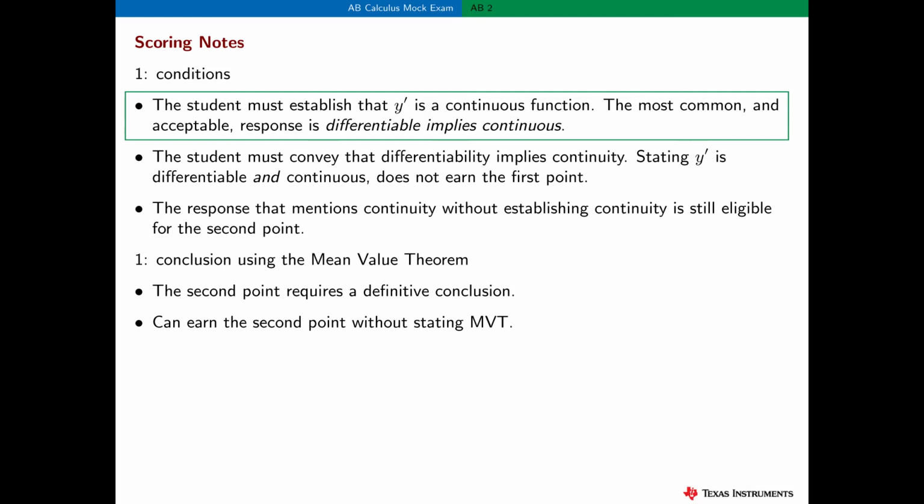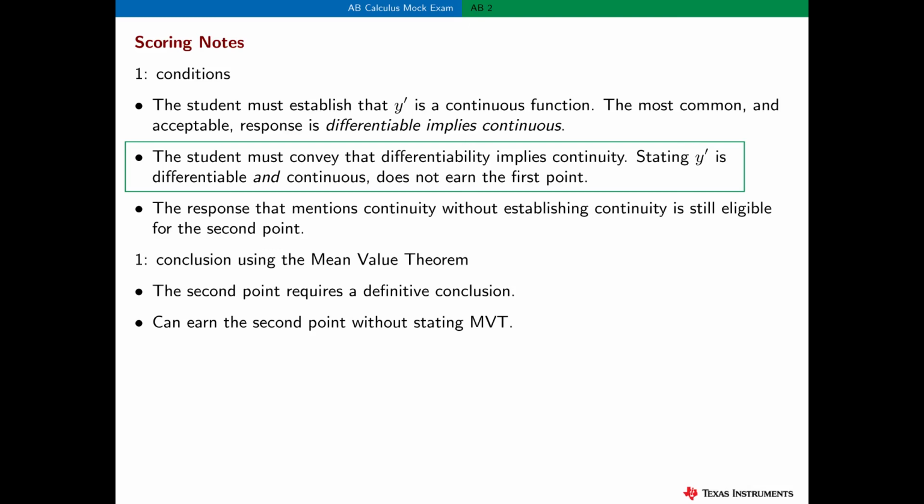We'll accept either of these phrases for the first point. Now, let me just remark that in a traditional AP Calculus reading, we might be willing to look back at Part G to see if the student indicated there that differentiability implies continuity. Then they wouldn't have to state this condition again.